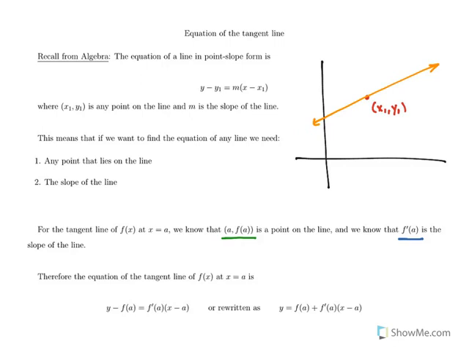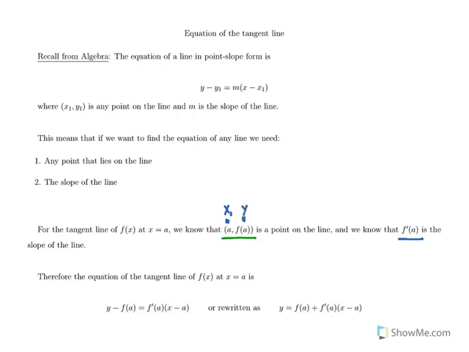So therefore, the equation of the tangent line to f of x at x equals a is going to be y minus y1. In this case, a is going to be x1, f of a is going to be y1, and f prime of a is going to be the slope.